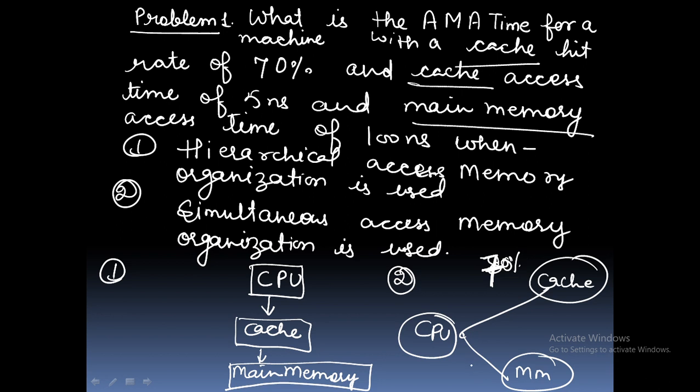And we have the cache access time, that is 5 nanoseconds. And in main memory we have only the access time given, that is 100 nanoseconds. And the main memory hit ratio we will take here as 1. According to the rule, the last memory's hit ratio will be equal to 1.